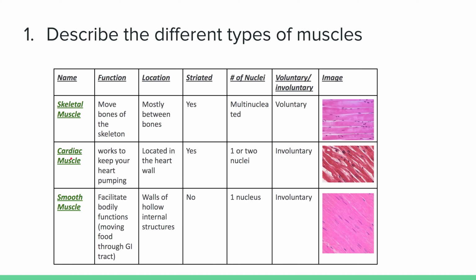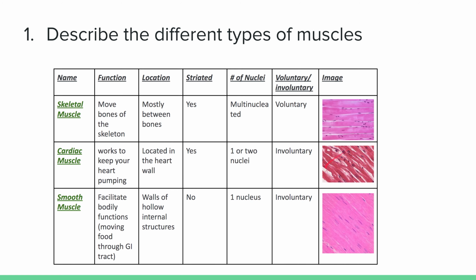Next, we have cardiac muscle. The cardiac muscle is only found in the heart, and its main function is to keep your heart pumping. Your whole heart is made up of cardiac muscle. It is also striated, meaning it has an organized structure of filaments. It has one or two nuclei, but some people will say it only has one.